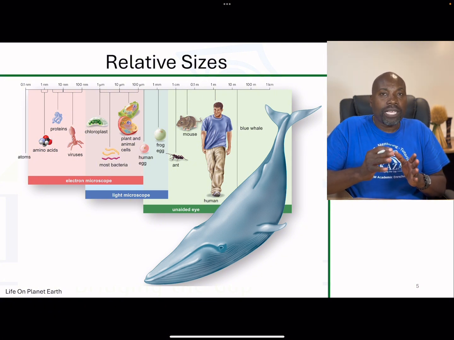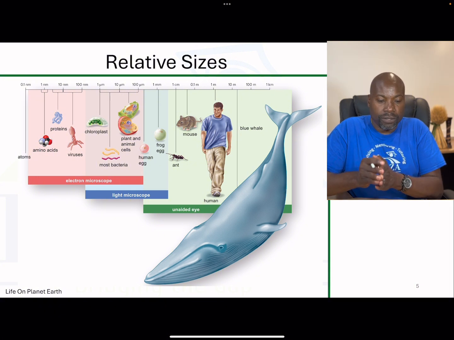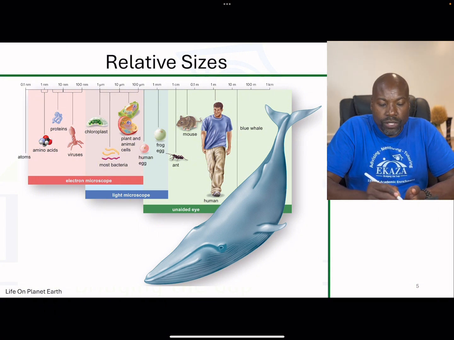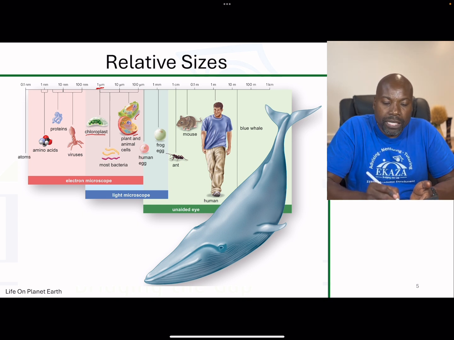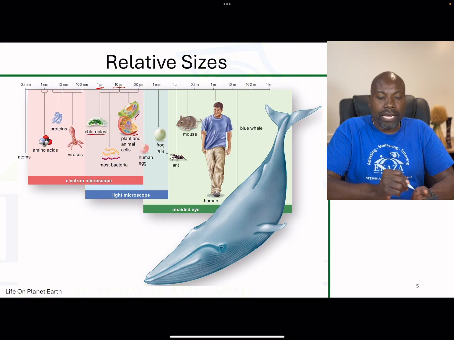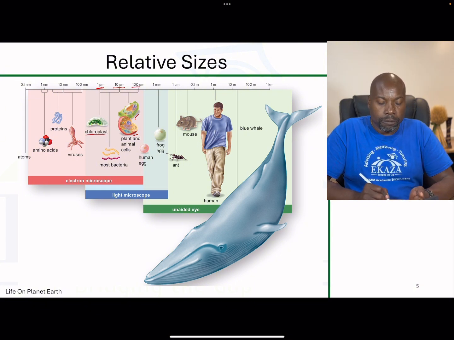The smallest thing we can see with our naked eye, I was telling you earlier, is 0.2 millimeters, right? Which is 200 micrometers, right? Now, notice that a chloroplast is 1 micrometer, while a plant cell and an animal cell have a size that falls between 10 micrometers and 100 micrometers.